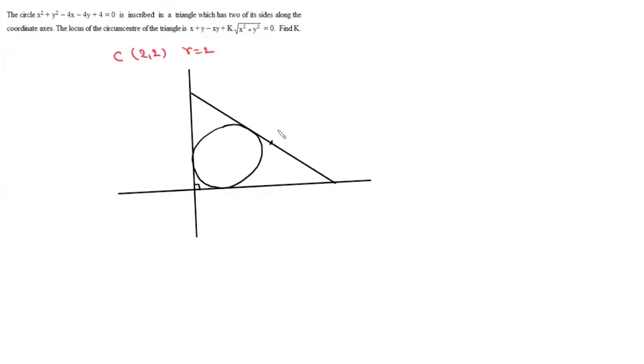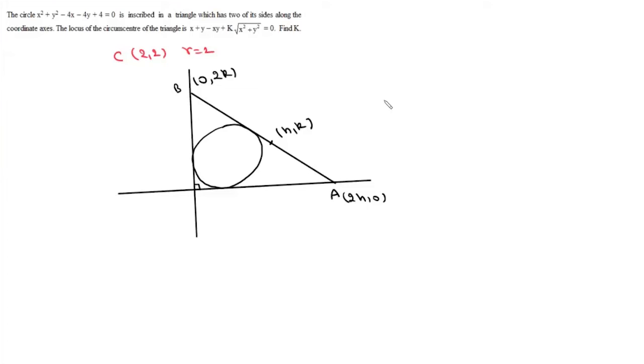Now let this point be (h, k), and since it is the circumcenter, it is the midpoint of this line, say AB. So basically a/2 is h. So this A is (2h, 0) and B is (0, 2k).